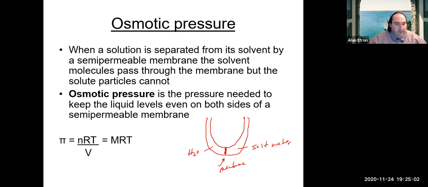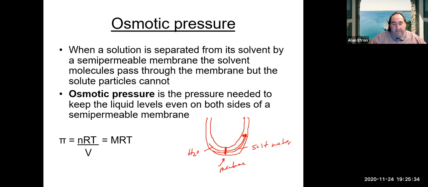What's going to happen through the natural process known as osmosis is that the solvent molecules will move from a lower concentration to a higher concentration. In the case of salt water, it has something like sodium chloride dissolved in it. So we naturally have a flow of water molecules, which are the solvent molecules, flowing across the membrane into the more concentrated side, in an effort to dilute the other side.